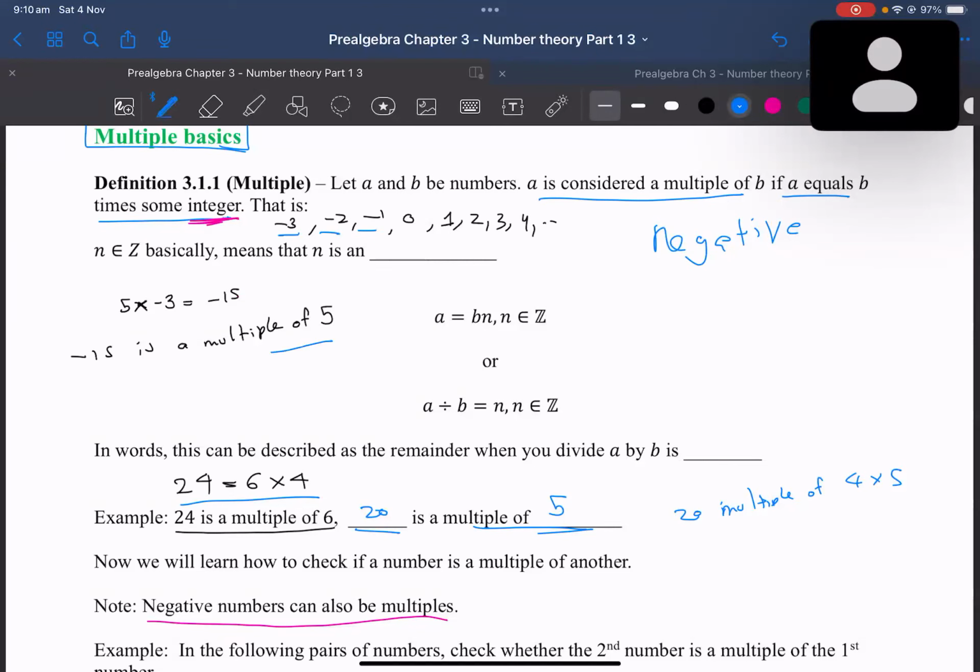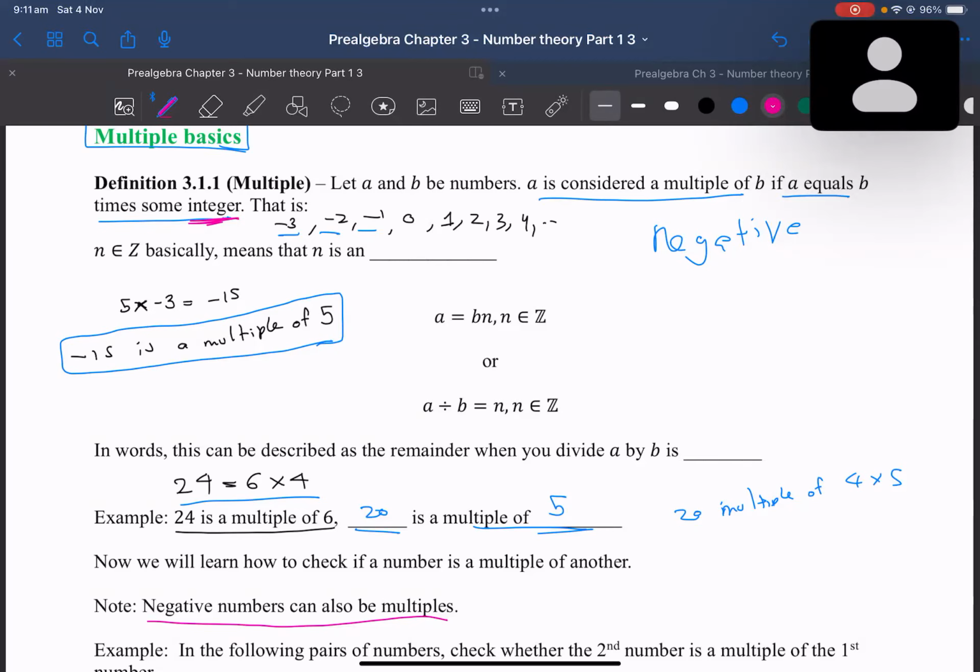This is the question I'm asking everyone. Do you think this is true or not? Yes, it's true. And why is that? Because if you add 5 to -15 four times, then it'll equal 5.